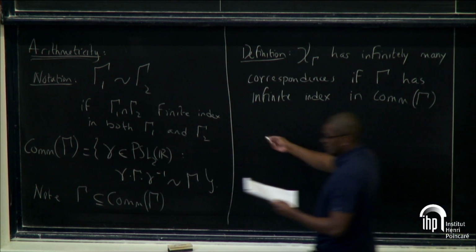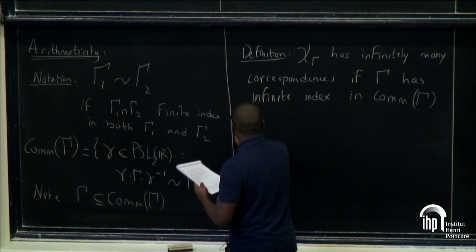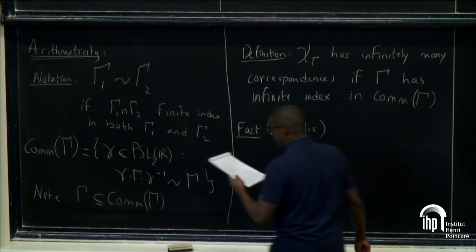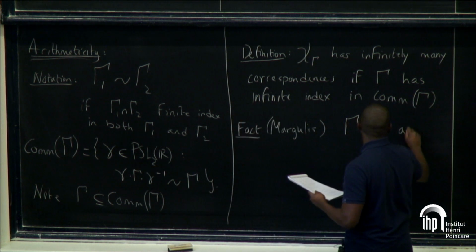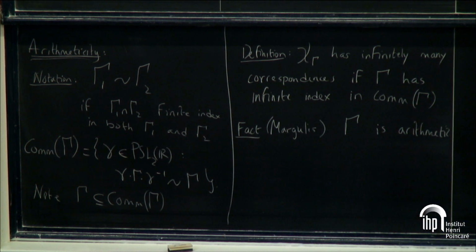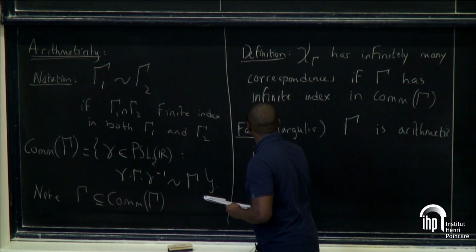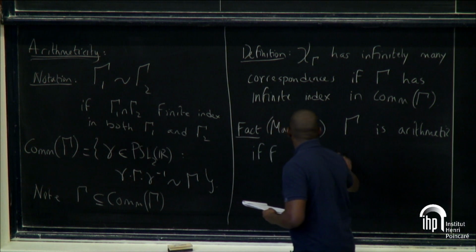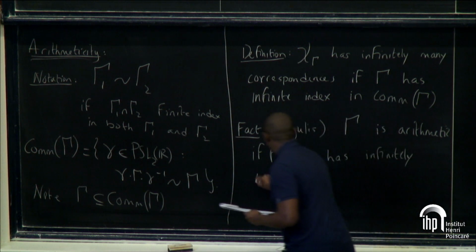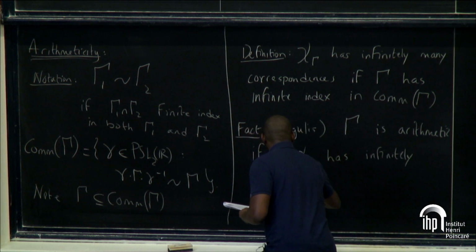So a fact by Margulis is that gamma is arithmetic, and so the curve chi gamma is Shimura, if and only if chi gamma has infinitely many correspondences.